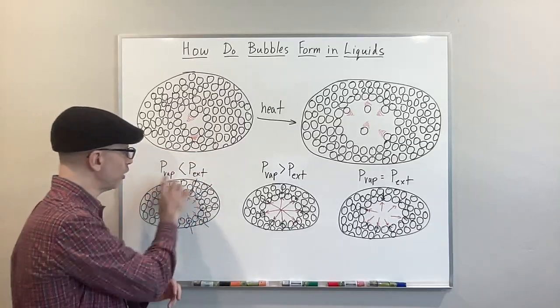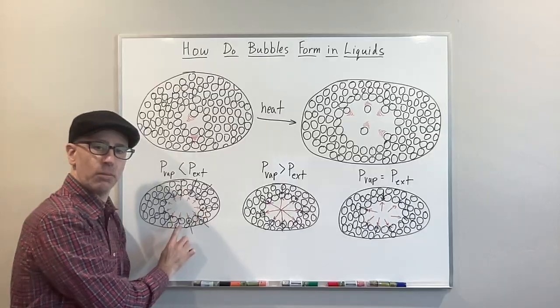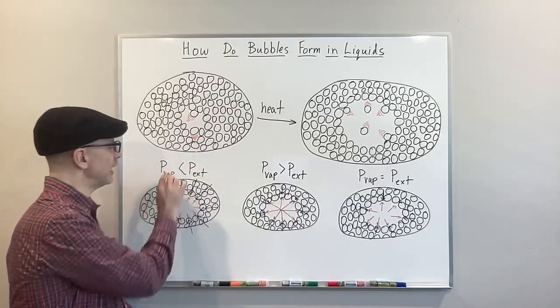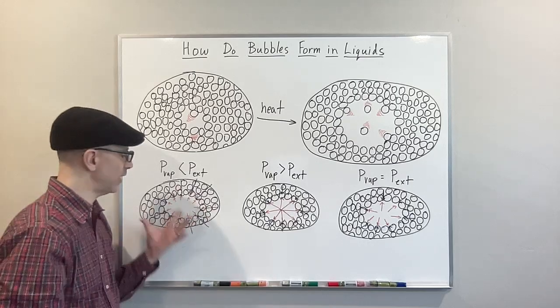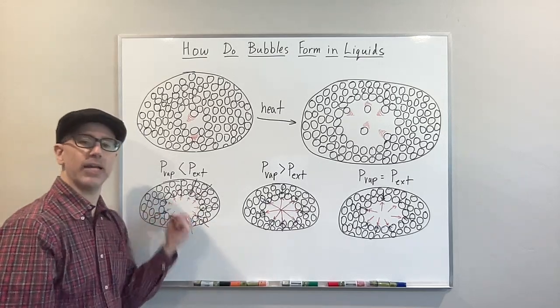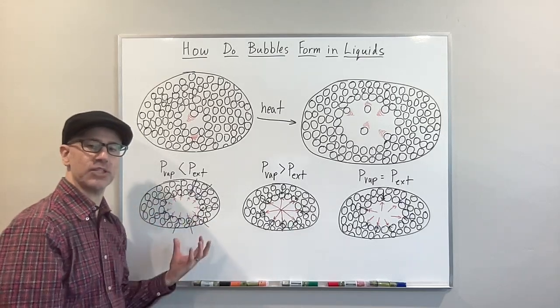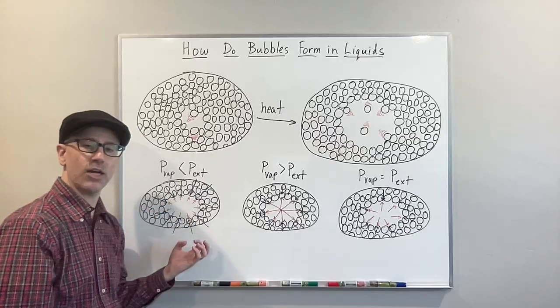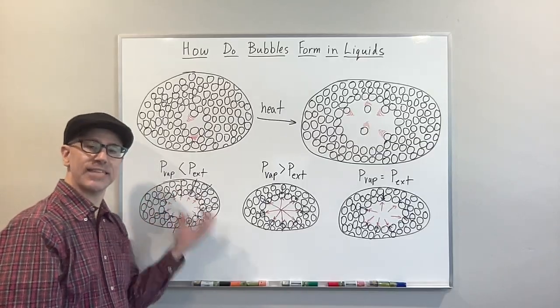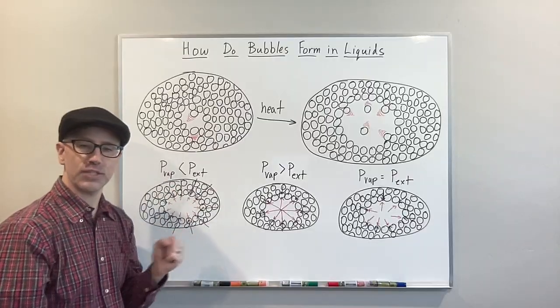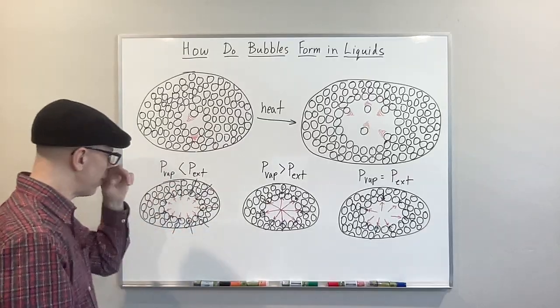So if the water vapor pressure inside the bubble is less than the exterior pressure, then what's going to happen is that the bubble will form, but it will collapse on itself. It's not going to last long enough. It's not going to become large enough to then stay and rise to the surface of the liquid, right?